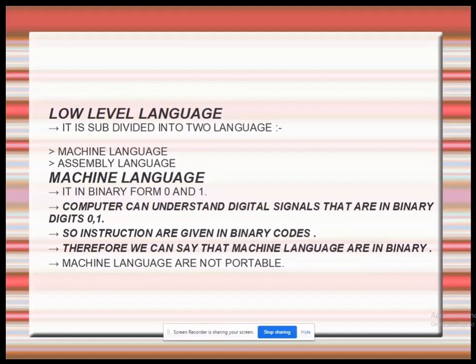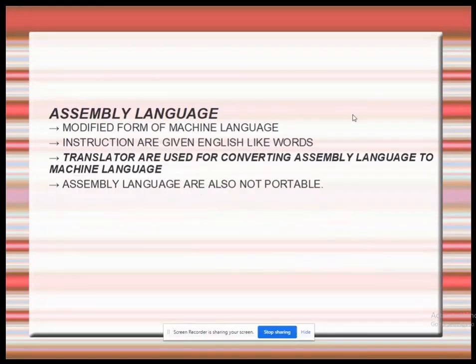Now let us see assembly language. Assembly language is a modified form of machine language. In this, instructions are given in English-like words such as move, add, subtract. In assembly language, the data is stored in a computer register.